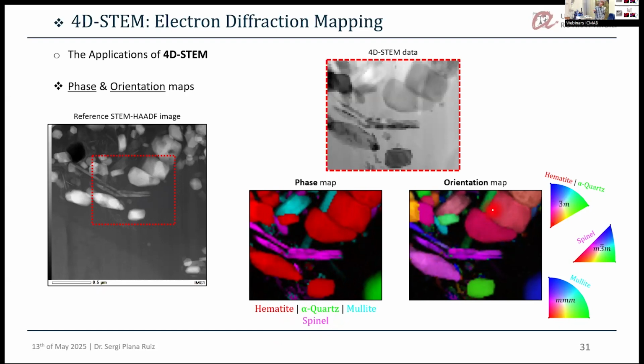But the idea here is that this color represents a symmetrically independent reflection related to the Laue class of that structure. So these color maps represent the symmetrically independent directions that are related to the Laue class that belongs to that phase. And by doing that, we can have these nice colorful maps that maybe here are not interesting, but in other systems can be of relevance.